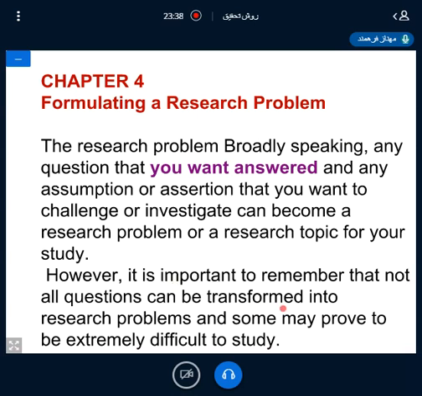However, it is important to remember that not all questions can transform into research problems, and some may prove to be extremely difficult to study. So maybe there are many questions related to your topic, but you cannot investigate all of them.